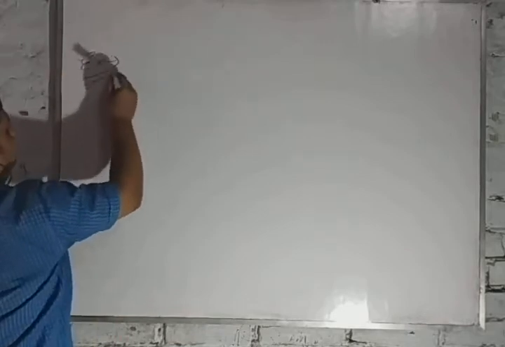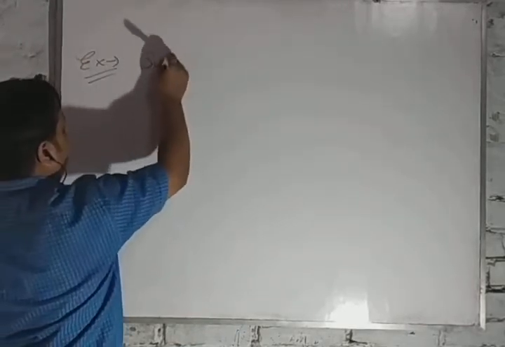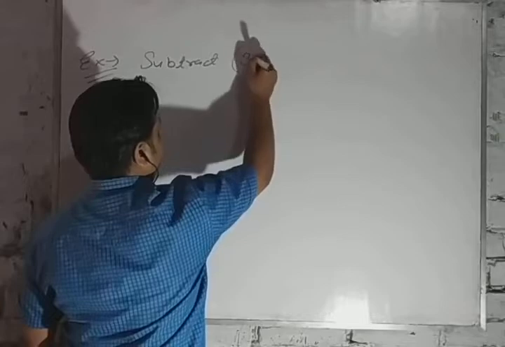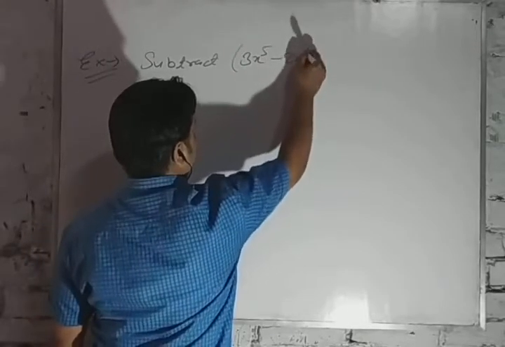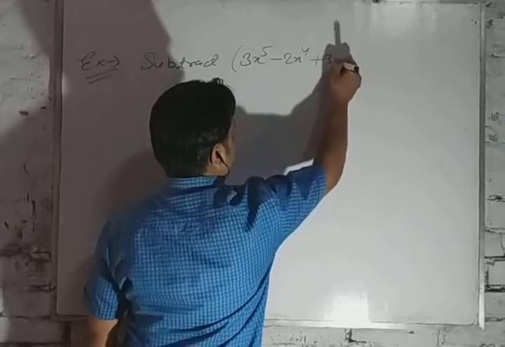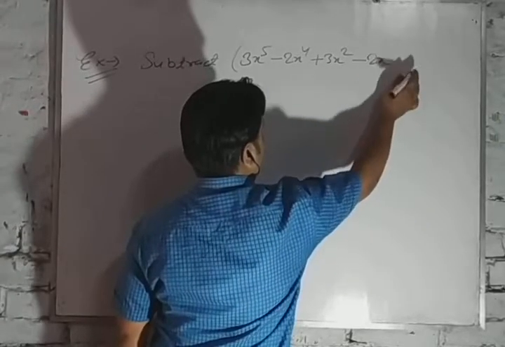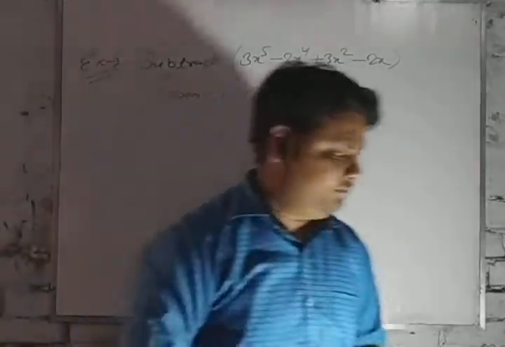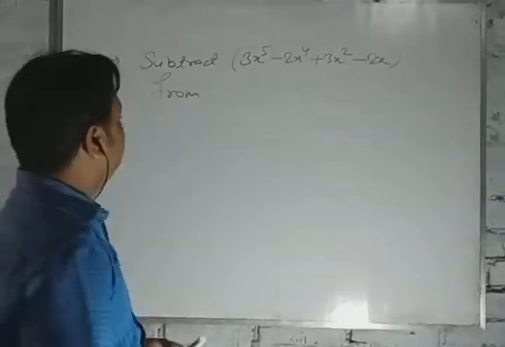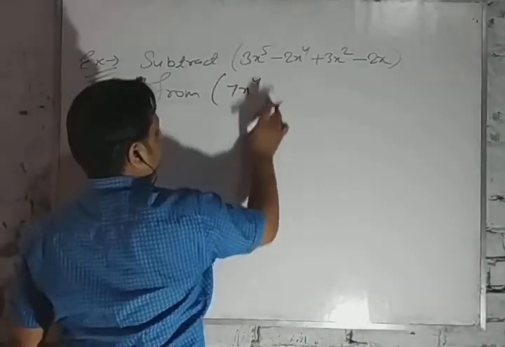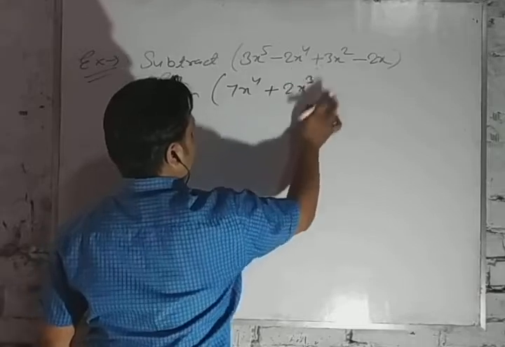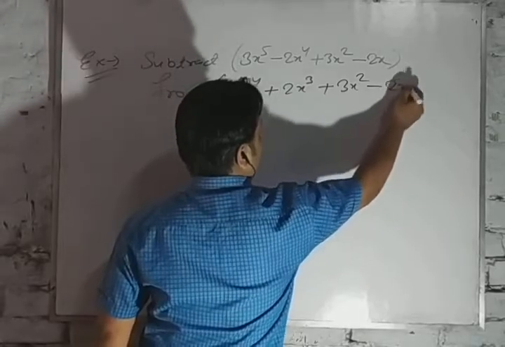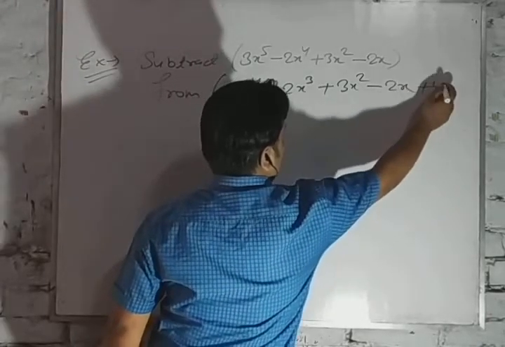If the question is: subtract 3x to the power 5 minus 2x to the power 4 plus 3x square minus 2x from 7x to the power 4 plus 2x cube plus 3x square minus 2x plus 4.